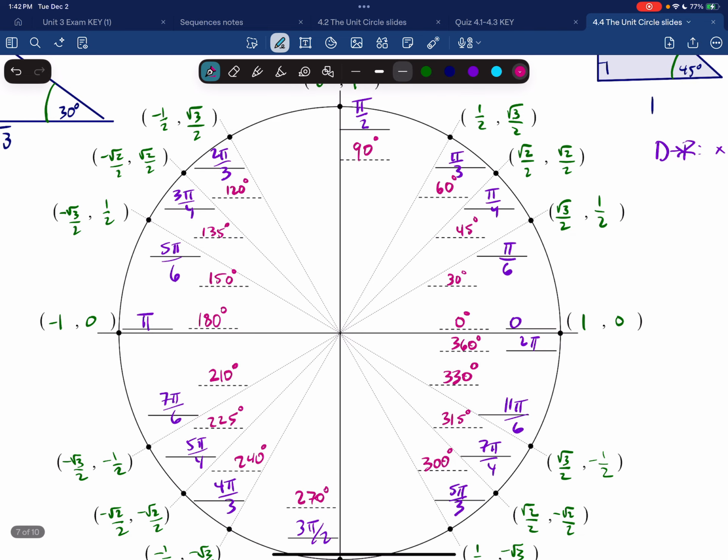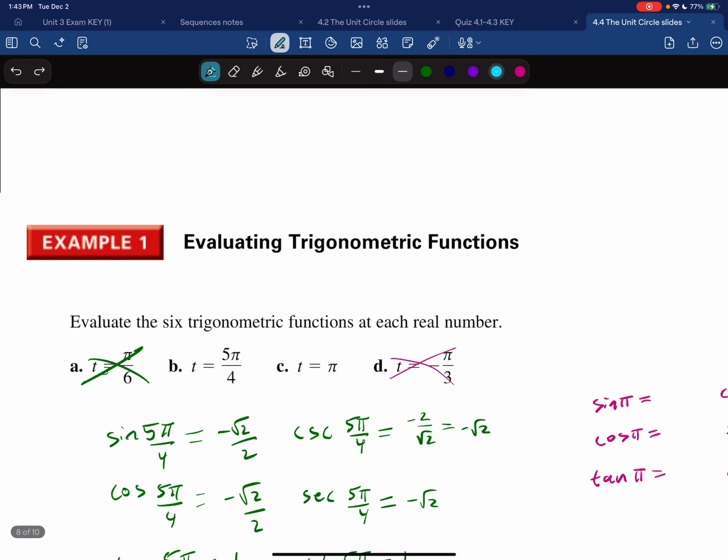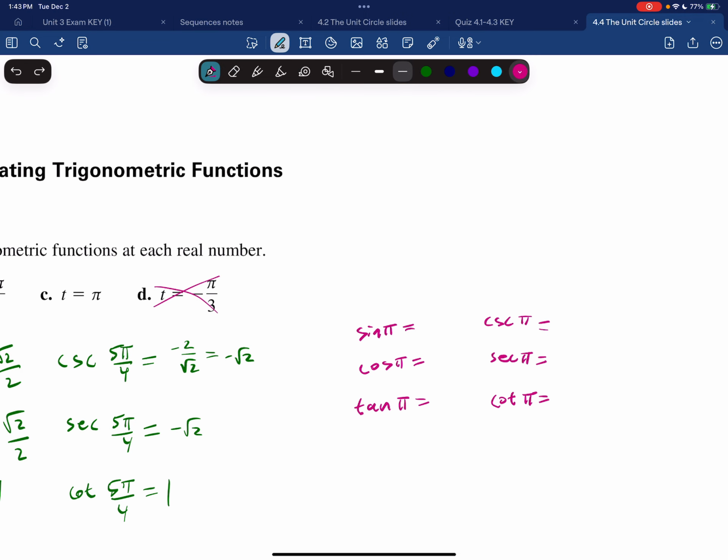We're going to identify where is pi. It's over here. We call it a quadrantal angle because it falls on a quadrant. So it's just the left side of my unit circle. Cosine is negative 1 there, and sine is 0. So we're going to say cosine is negative 1. Sine is 0, and tangent is sine over cosine. 0 divided by negative 1 is 0.